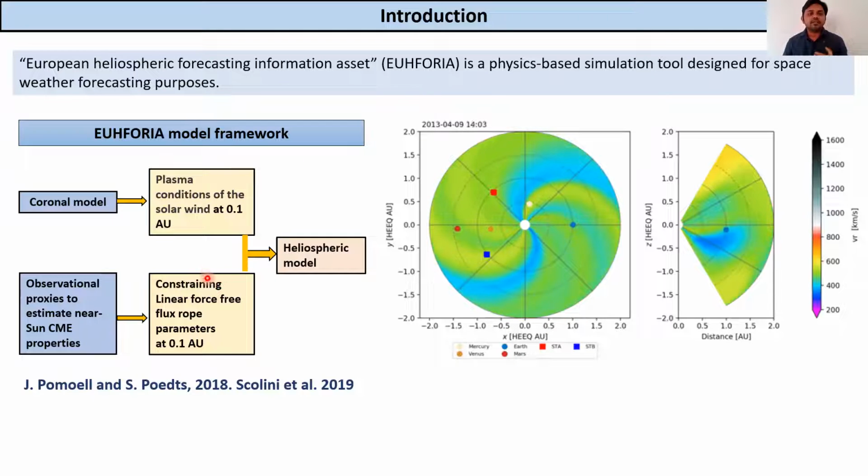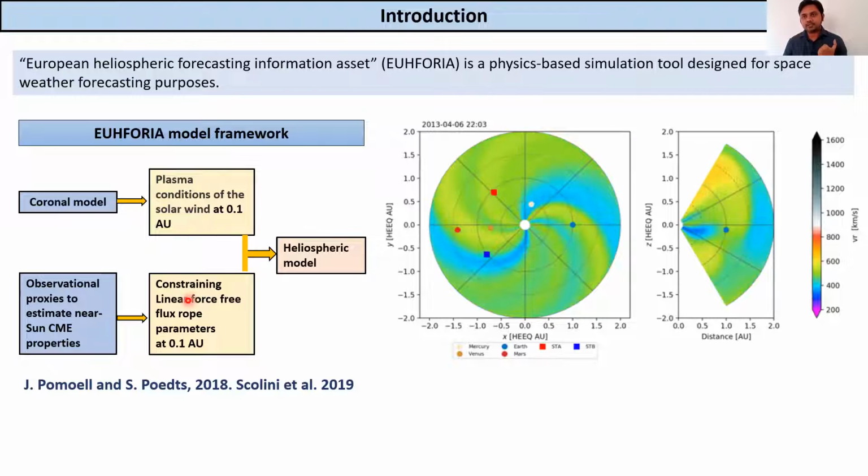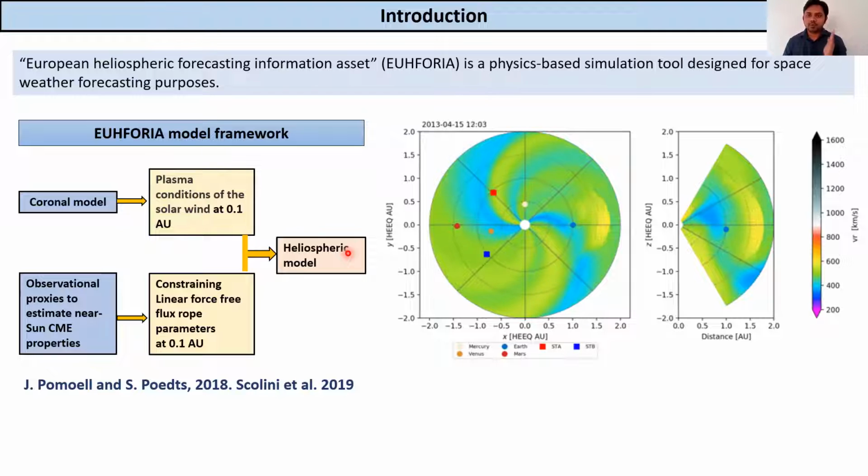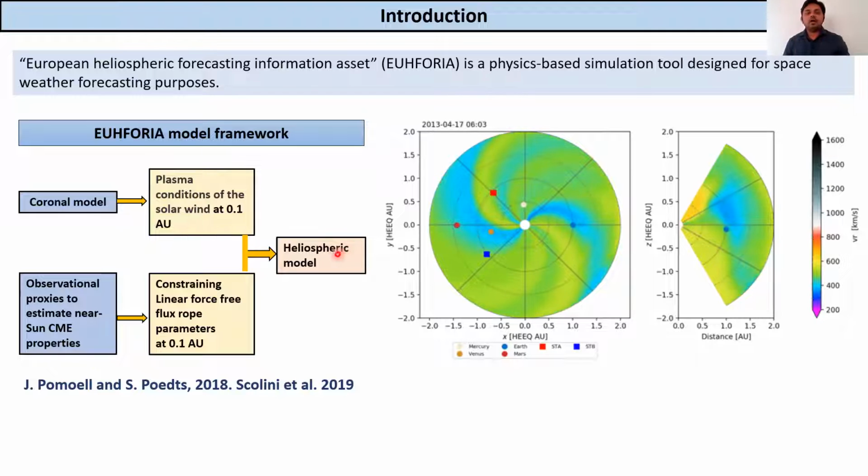We constrain a linear force-free flux rope model, where we widely use the spheromak model as the flux rope, and we constrain the flux rope properties and the other kinematics from the observations, and we inject it at 0.1 AU, the lower boundary of the heliospheric model, and the rest is taken care of by the global MHD model from 0.1 AU to 2 AU.